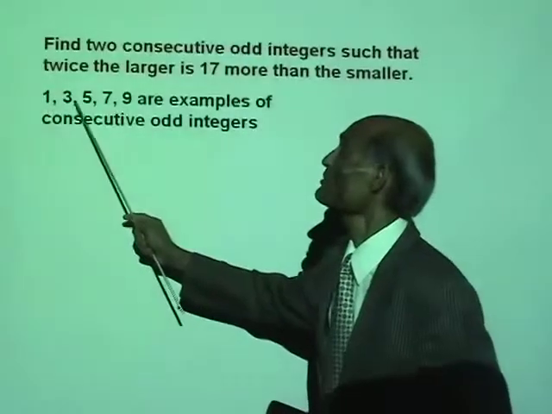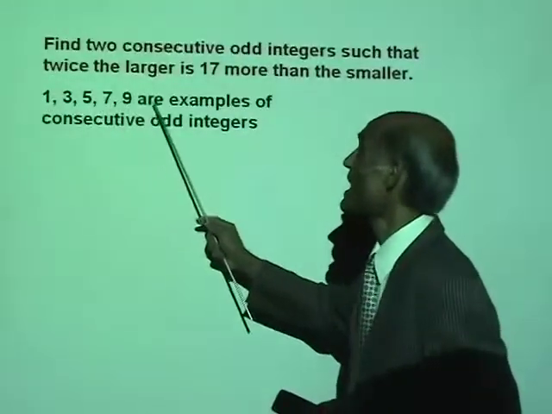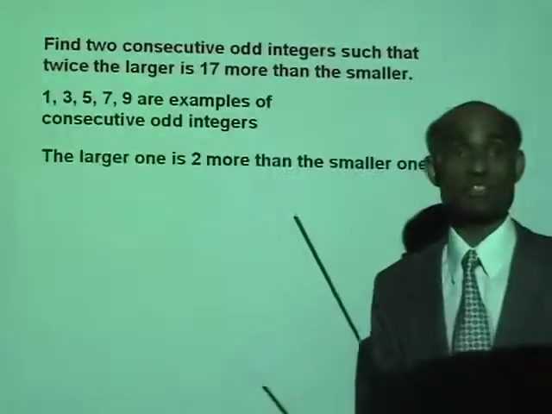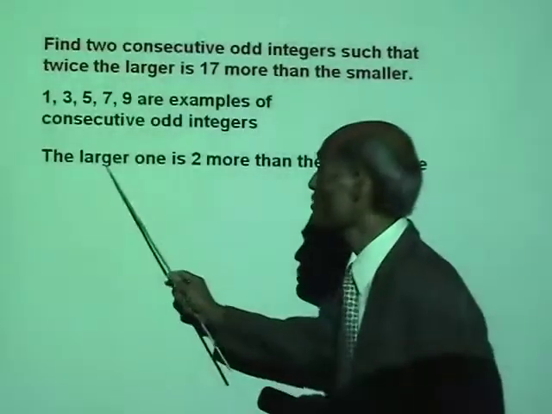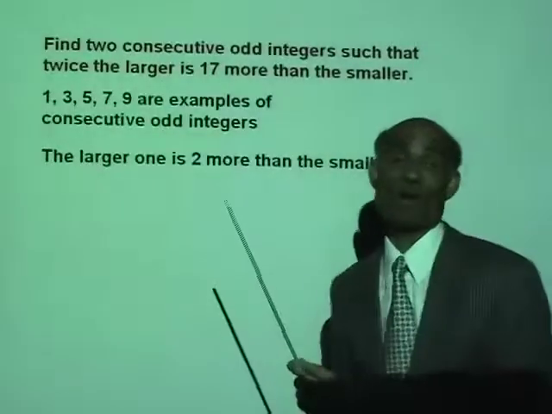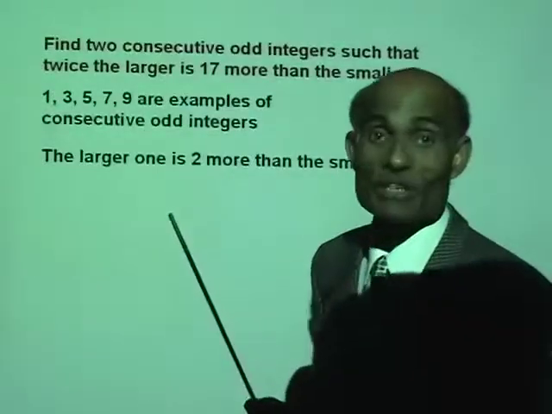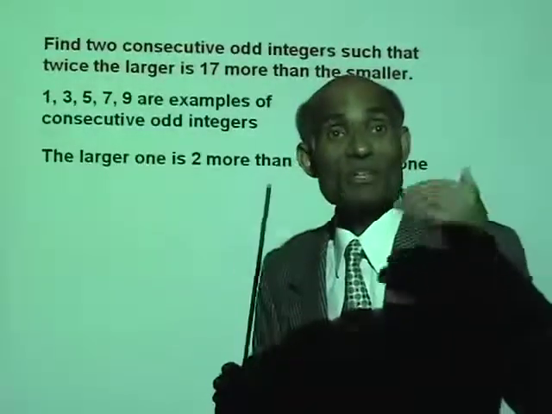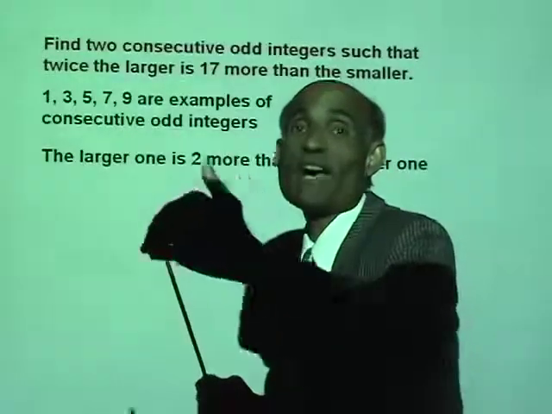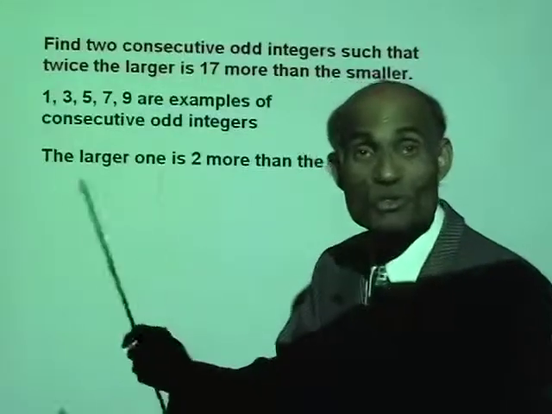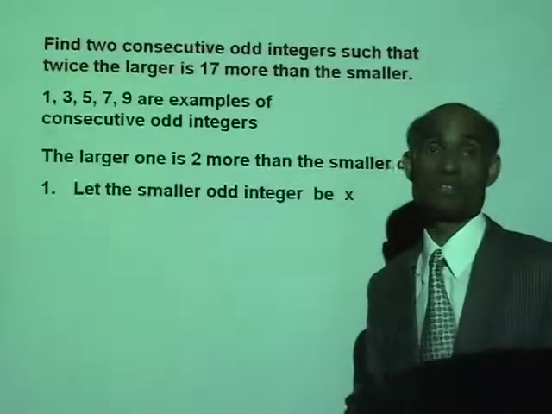Look at this. 1, 3, 5, 7, 9 are examples of consecutive odd integers. The larger one is 2 more than the smaller one. Now, is this true for even integers? Yes. 2, 4, 6, 8, 10 are even integers. It is also true for even integers.